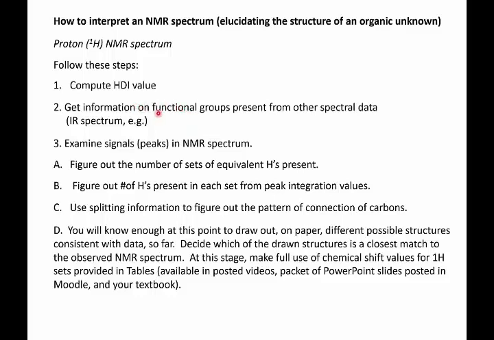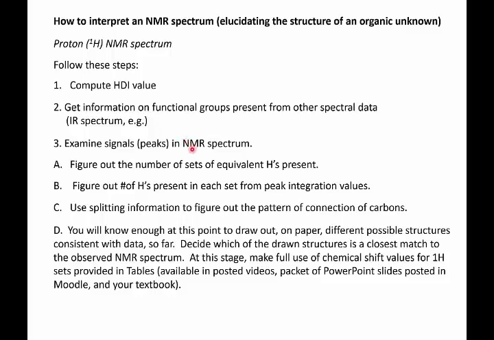Then the next thing to consider is other spectral information, primarily the IR spectrum, or at least key absorption peaks from the IR, because those are going to tell you fundamentally what functional groups you have, especially an aromatic ring, that is a benzene ring, a CC double bond, or carbonyl group.